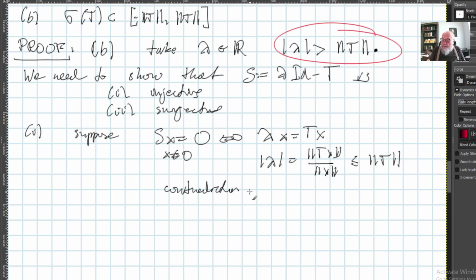So that's not possible. That means S is injective.